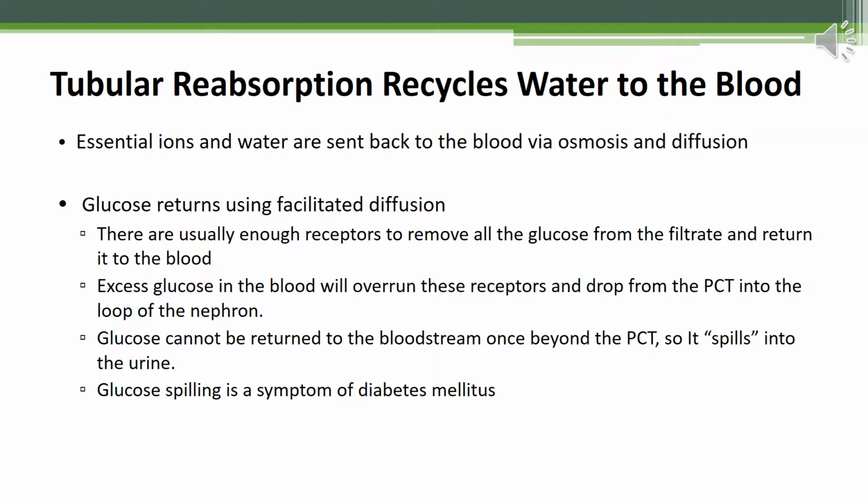So this leads to it spilling, or rather being placed into the urine. And this glucose spilling is a symptom of diabetes. So we simply have so much glucose within the bloodstream that it cannot all be returned back to the bloodstream.